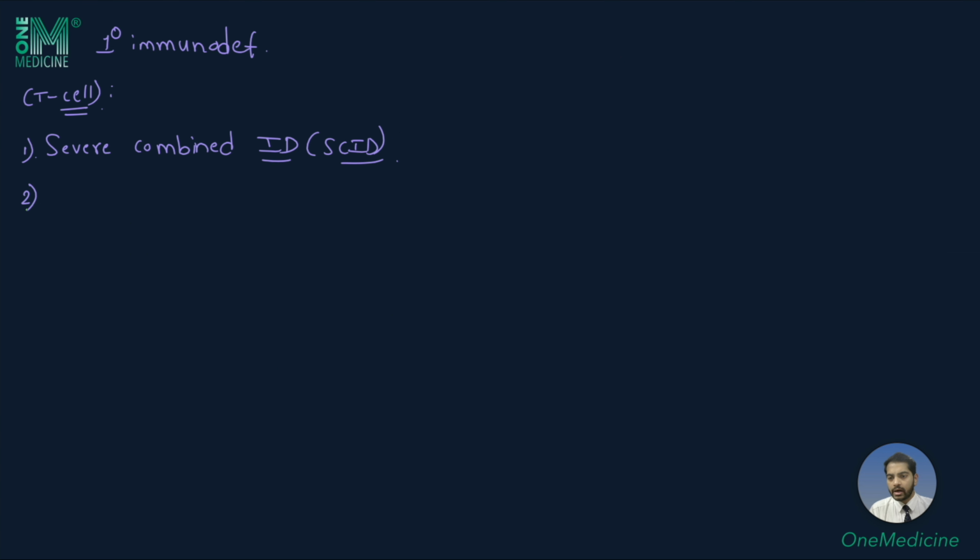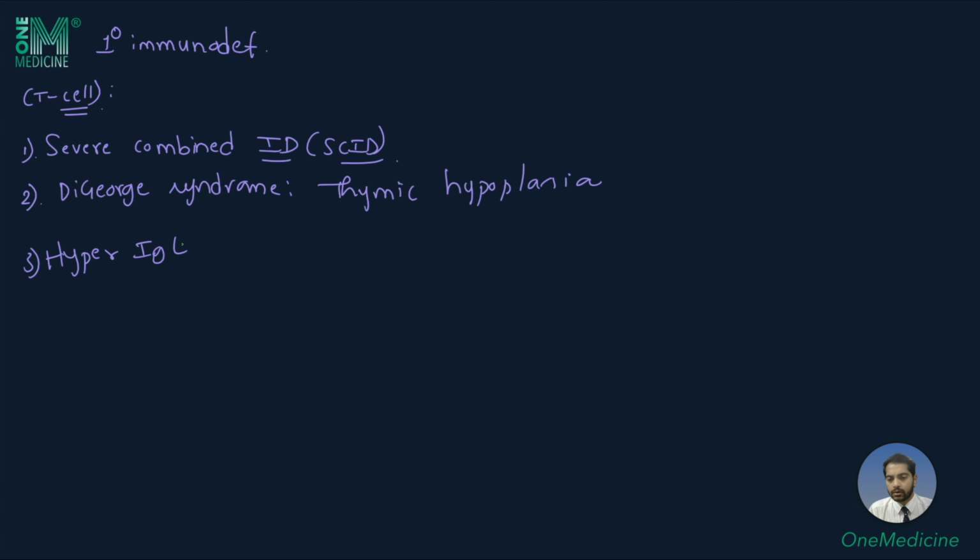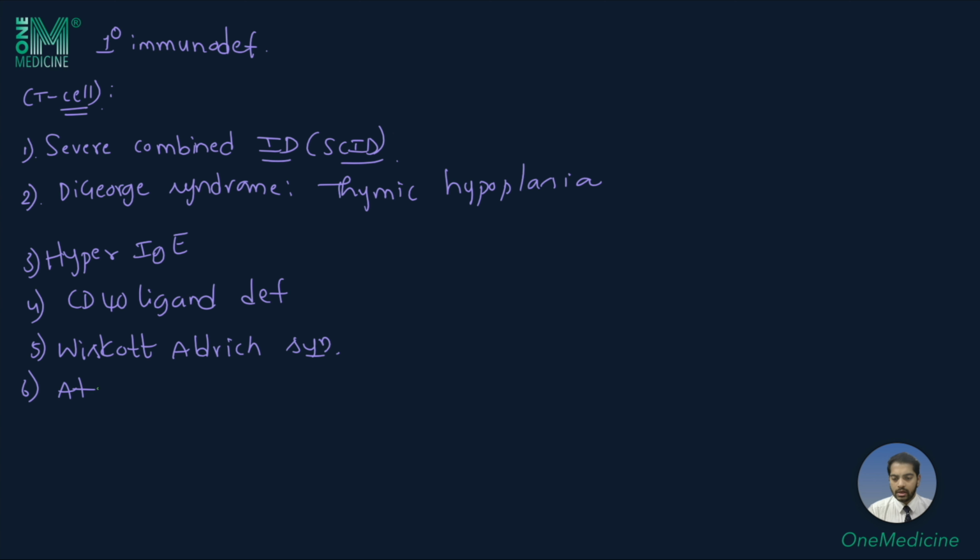The other T cell related deficiencies include DiGeorge syndrome, where there is thymic hypoplasia, hyper IgE syndrome, CD40 ligand deficiency, Wiskott Aldrich syndrome, ataxia telangiectasia.